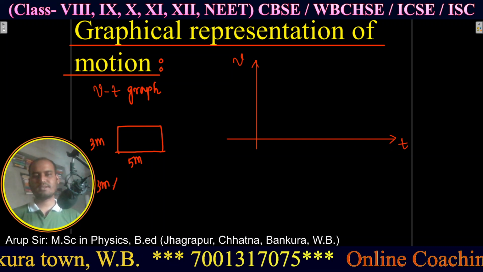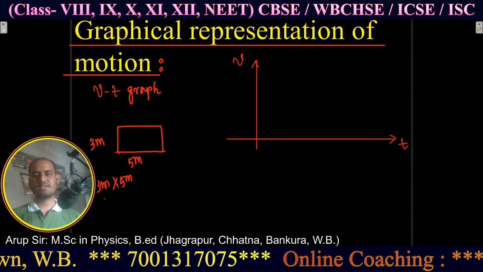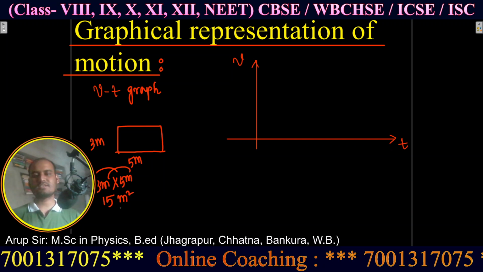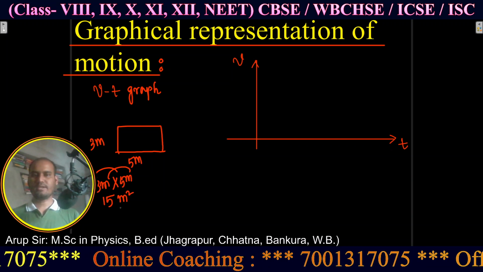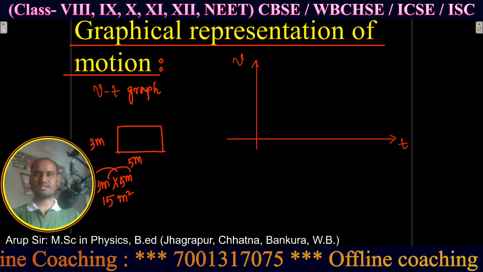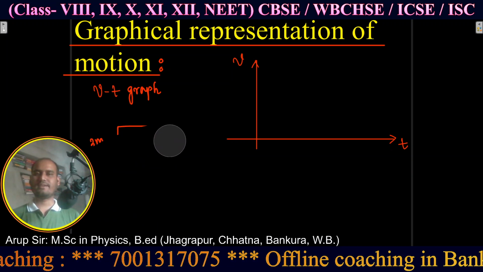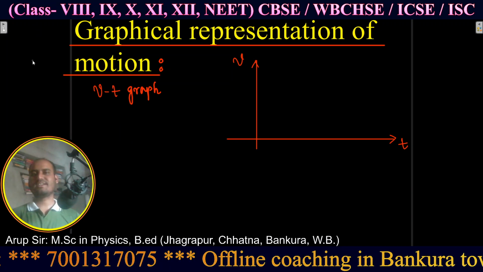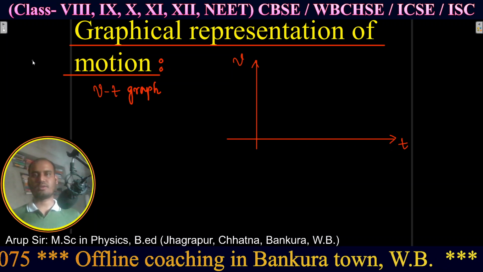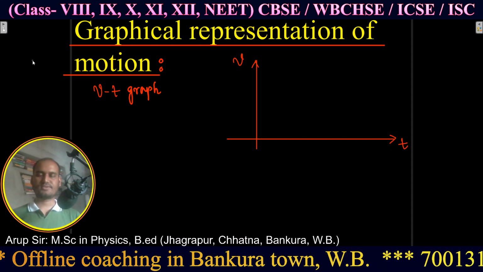So 3 meter into 5 meter means 15. Meter into meter is meter square. 15 meter is not the answer, 15 meter square is the answer. You have to use meter square, because you are finding the area. We get it by multiplying the units also of those two, length and breadth.